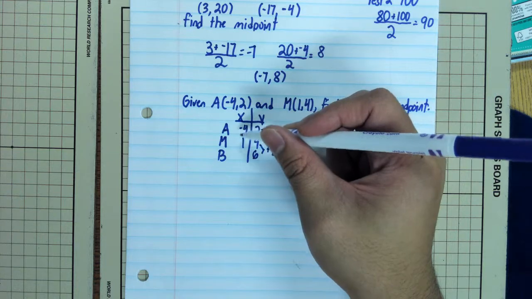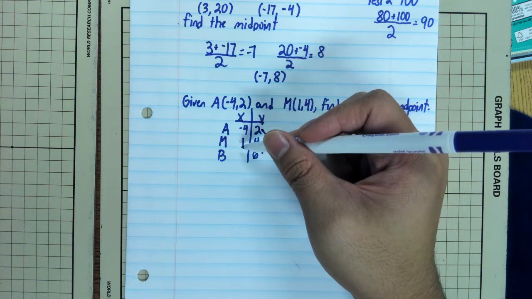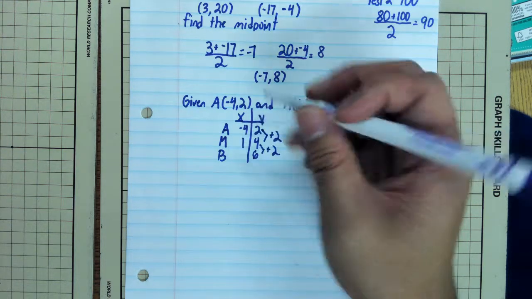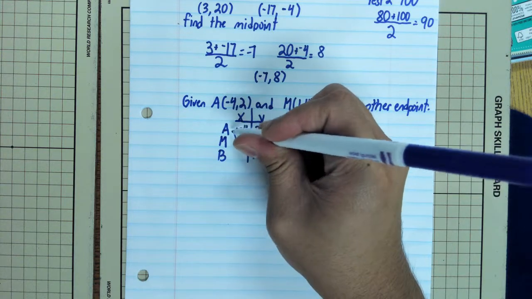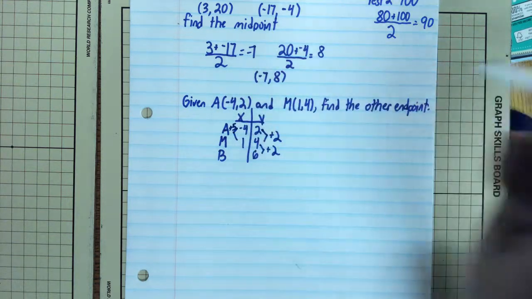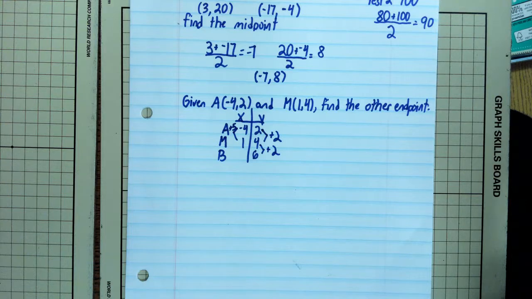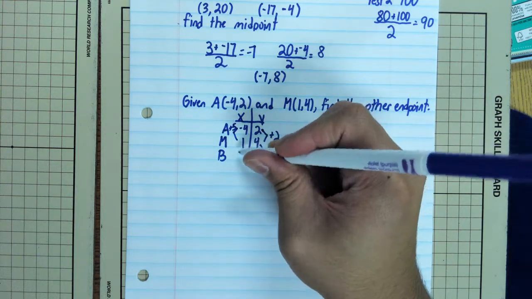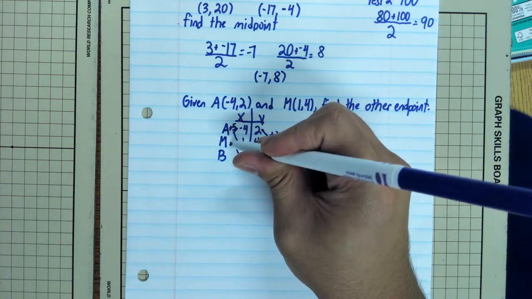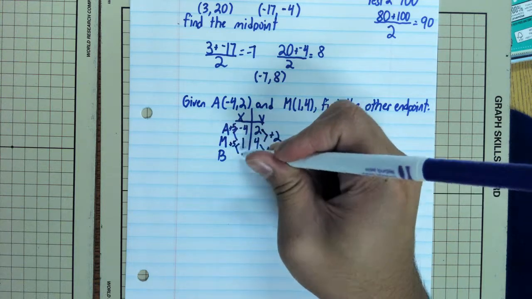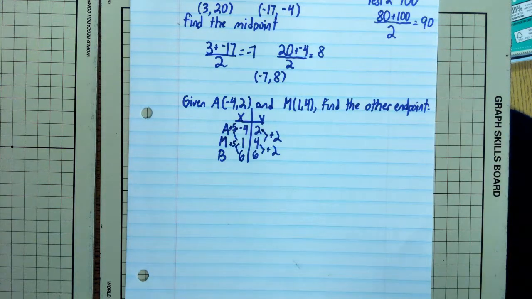Similarly, on the other side, from -4 to +1, how much do I add? We see that we add plus 5. That means from 1 to my next point, I need to add plus 5 again. 1 plus 5 to get me 6.